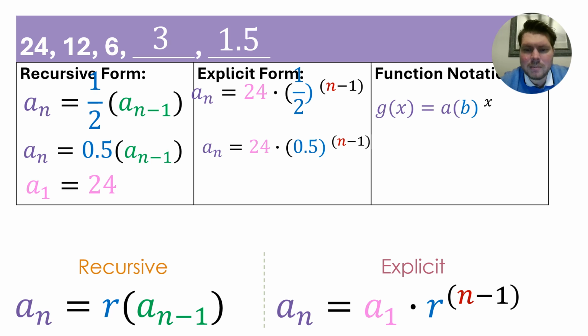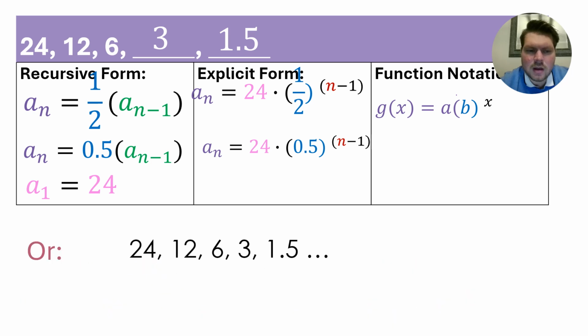So I already know my B. I know that's multiplying by, let's say, 0.5 or a half. I want to find out my starting amount. So this is like A0. So I could plug 0 in here, or I could look at the pattern, which potentially could be easier.